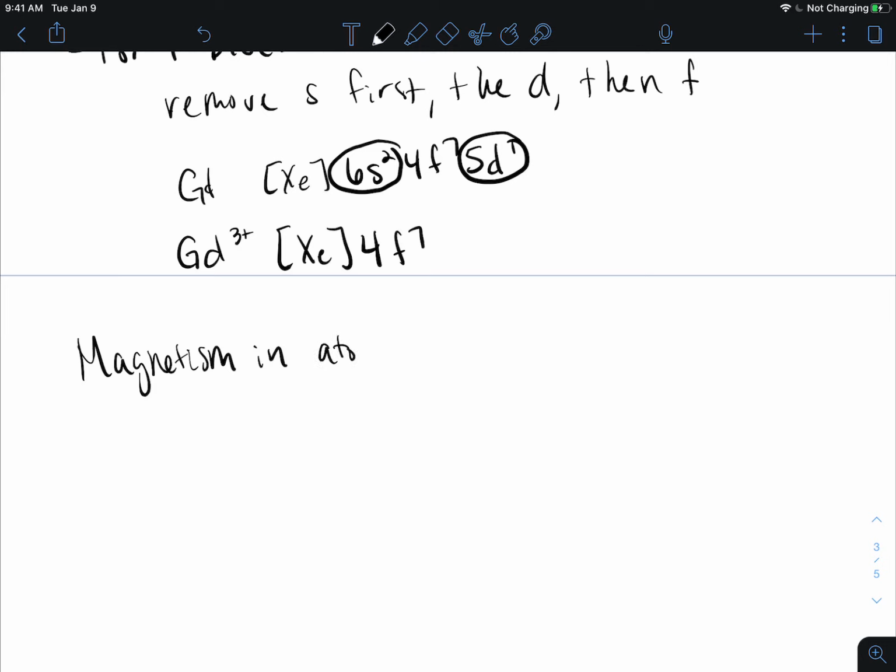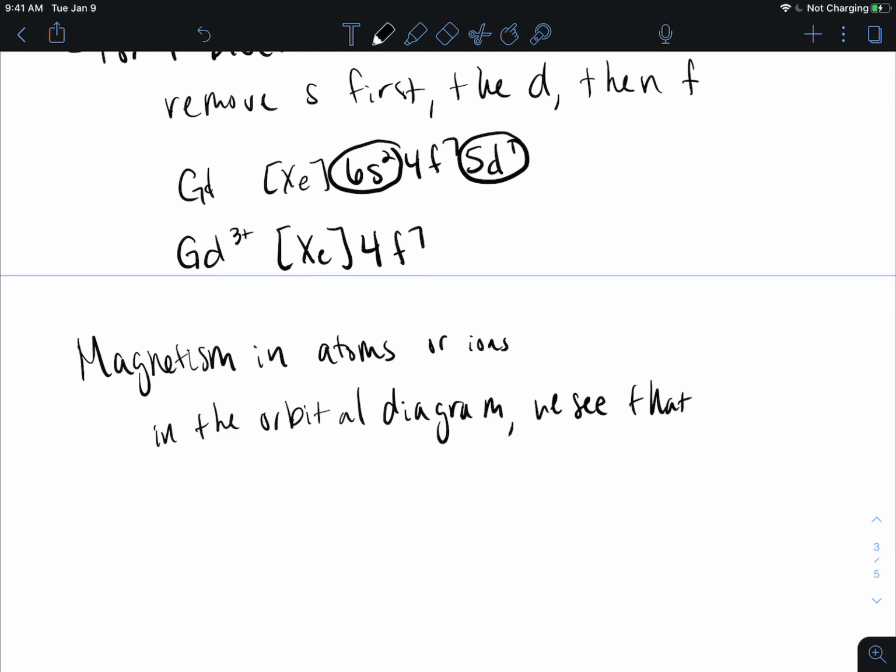Last thing I want to talk about is magnetism in atoms or ions. So when we have an electron that has a spin, that's going to allow it to be magnetic. If we have in the orbital diagram that we have unpaired electrons, then we're going to have an unbalance between the spin up and spin down.